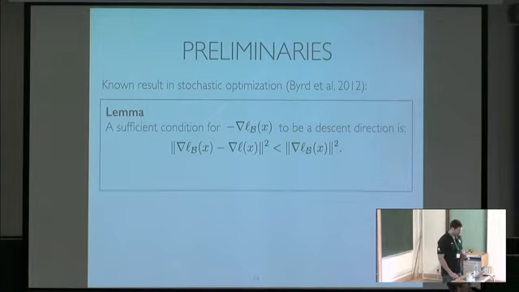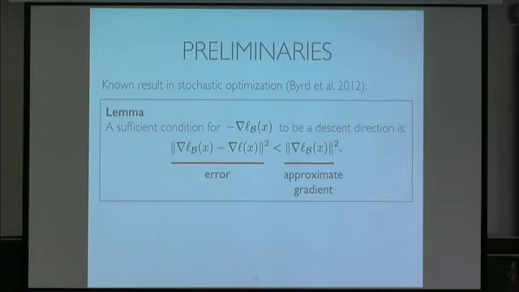So what this is essentially saying is that if the error is small relative to the magnitude of the gradient that you're trying to approximate, so if the signal-to-noise ratio of your stochastic gradient is good, then we can be guaranteed that this stochastic gradient direction is a descent direction. So this is a condition that we can put on our stochastic gradient directions that will guarantee that they always improve the solution.